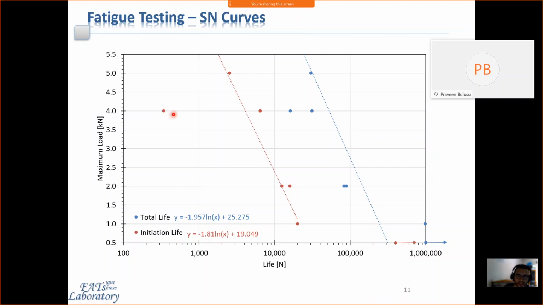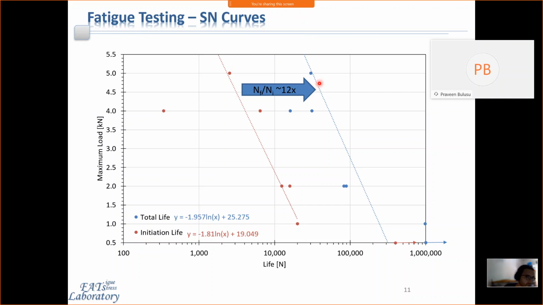With the exception of this one outlier, which I'll describe in a little bit, they somewhat fit a linear line on this linear-log plot. This is the best fit of that data. The interesting thing to note is that both of these lines are parallel, and the difference between the two is about a 12 times difference between the initiation life and the failure life. That holds true for most of the tests.